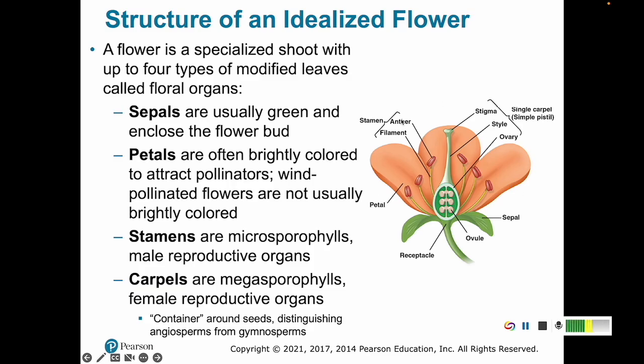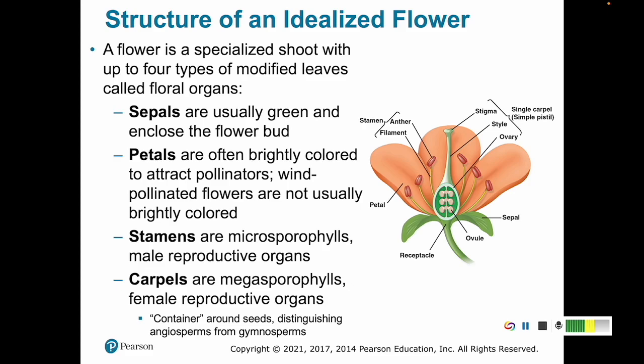Petals are usually brightly colored to attract pollinators, and we see a lot of evolution that occurs between our flowers and our insects as they are evolving together, both to support the insect life and to support the floral life. However, wind-pollinated flowers are usually not as brightly colored.